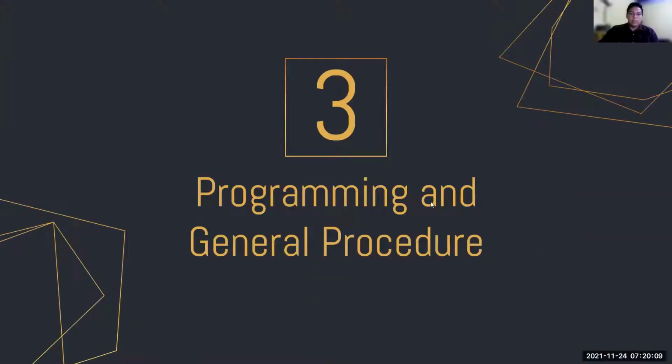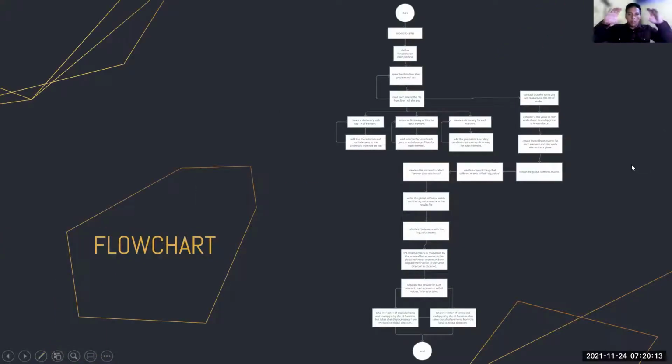For the programming and general procedures, we read the information from the TXT and transform it into a dictionary for each element. We get a different dictionary for the force and geometric boundary conditions.